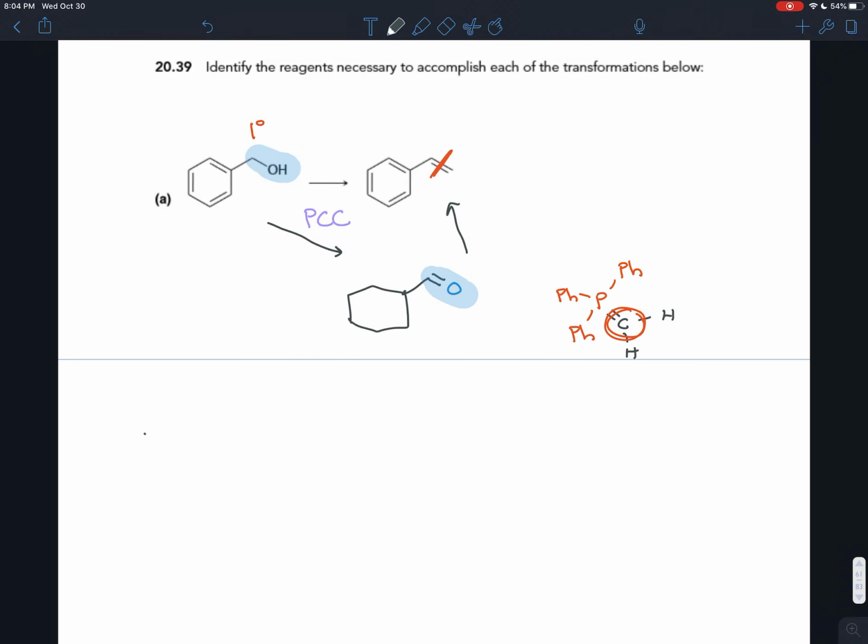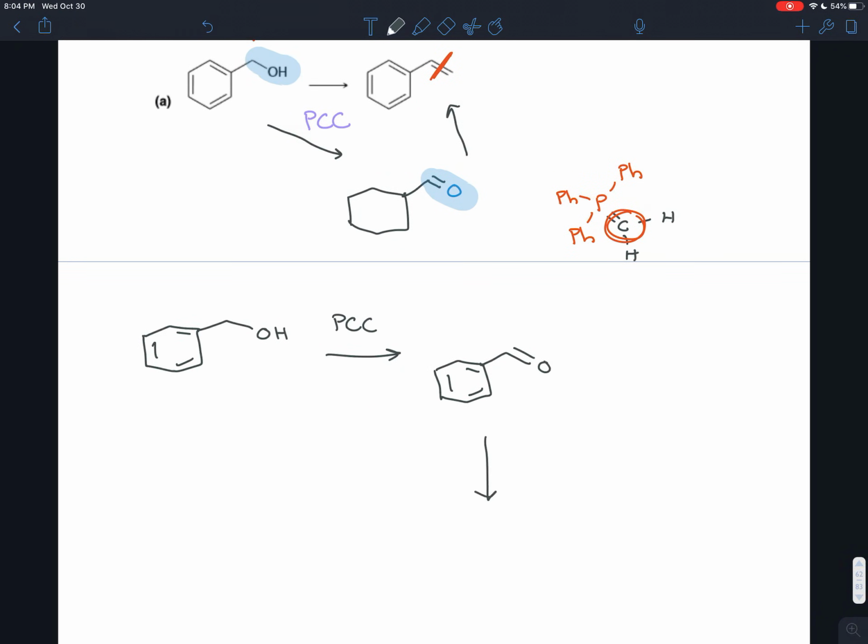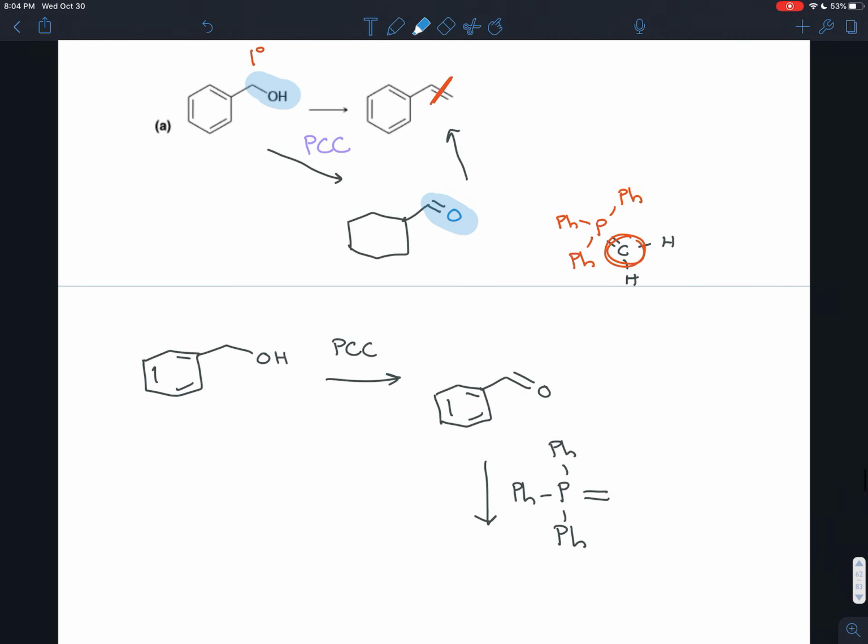So that's our synthesis. Overall, we will take our primary alcohol, we'll use PCC, that will turn that primary alcohol into an aldehyde, and all we have to do is combine that aldehyde with our Wittig reagent, and we just note the carbon that we want to attach to that.